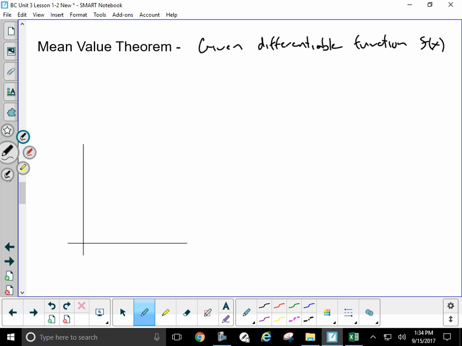You can find the tangent slopes, which means you have to be continuous and without any sharp points. Excellent. Continuous without sharp points. If you are told the function is differentiable, that automatically means it's continuous.